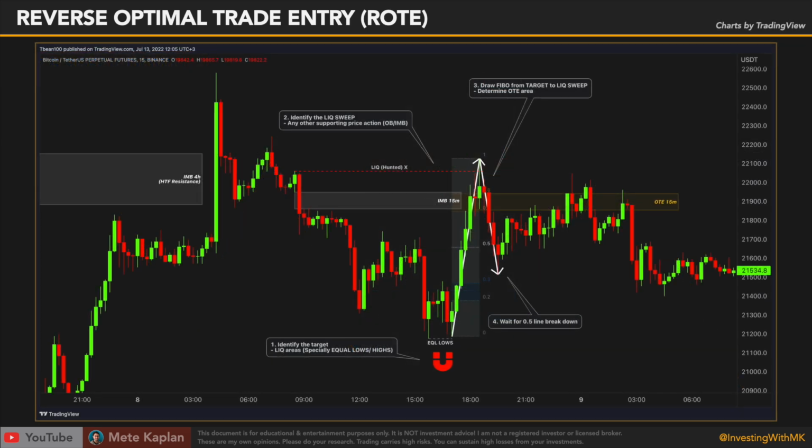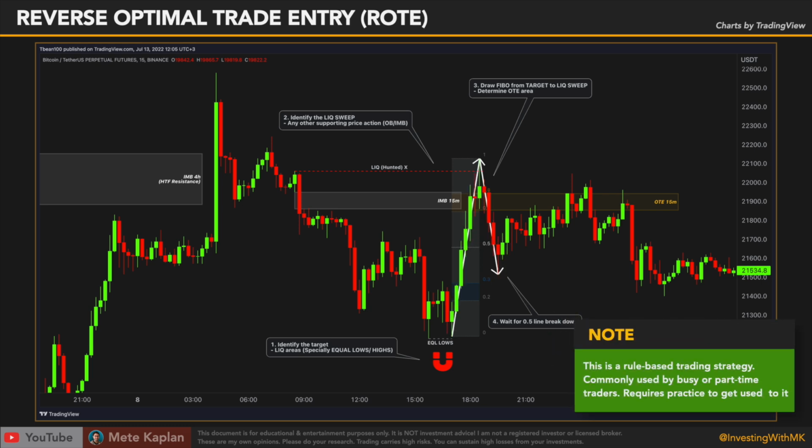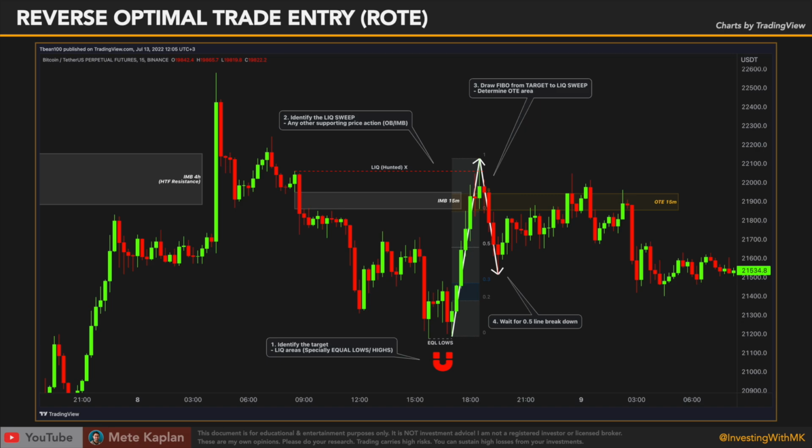Let's get back to the example. After stop-loss hunting, price pulls back to our discount zone for a moment, which is below 0.5. As I said, it is important to follow the rules because this strategy is based on following the movements of algorithmic bots of the market makers.